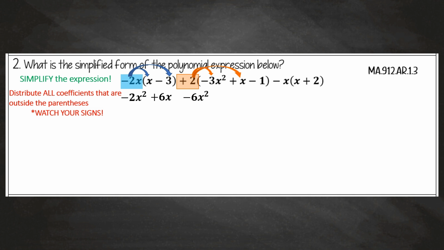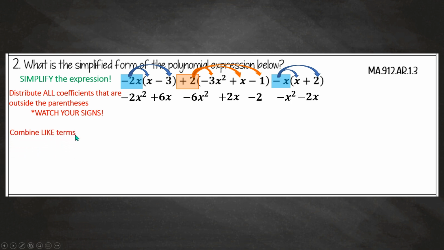Positive 2 times a positive x will be a positive 2x. Positive 2 times negative 1 is a negative 2. Then I have negative x multiplied times x, so I have a negative x squared. Negative x times 2 is going to be a negative 2x.